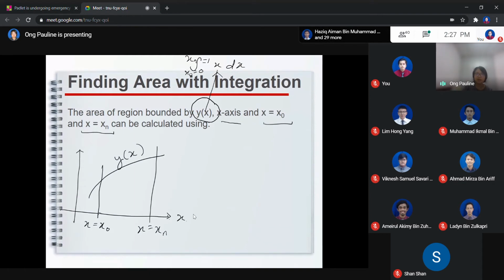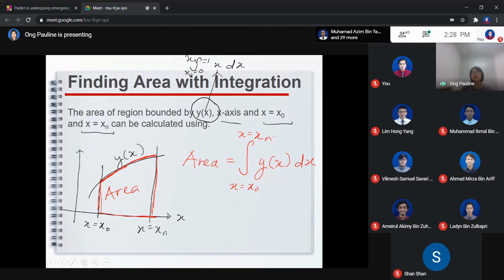The area of the region bounded by y(x), the x-axis, x equals x naught, and x equals xn can be calculated by using the integration of the function y(x) with respect to x from x naught to xn.